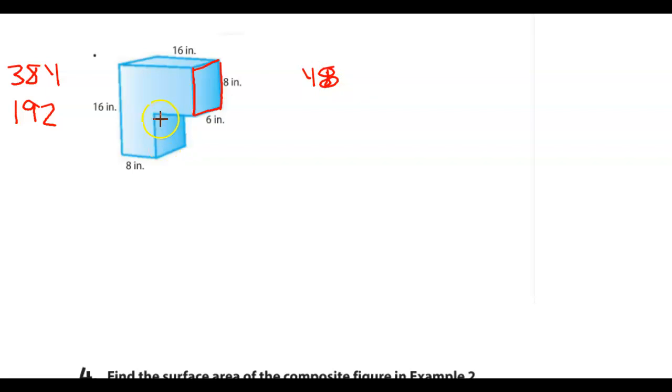Now notice this bottom section right here is the same as what we just did up here, because we already know that this is an 8, and we know that this is a 6. So 8 times 6 is going to give me 48. So we've got that section, 48, and this section here, which is also 48.